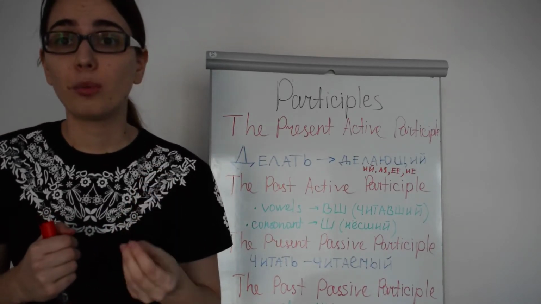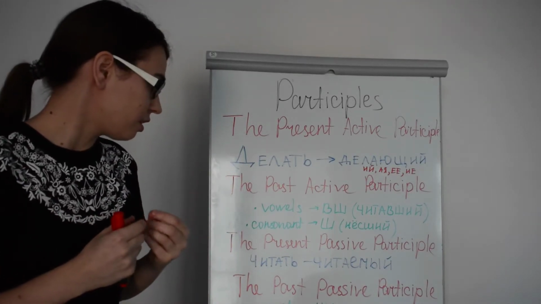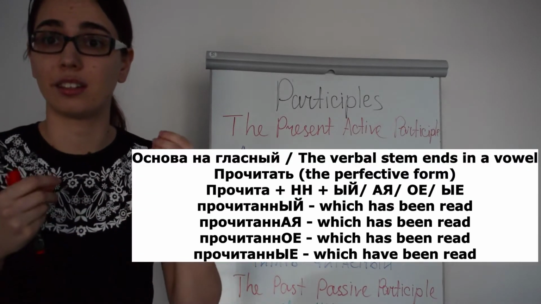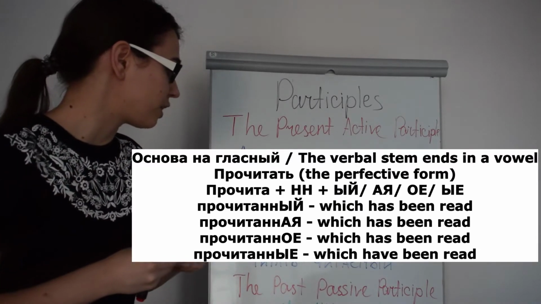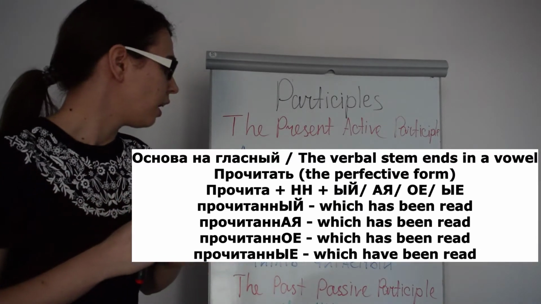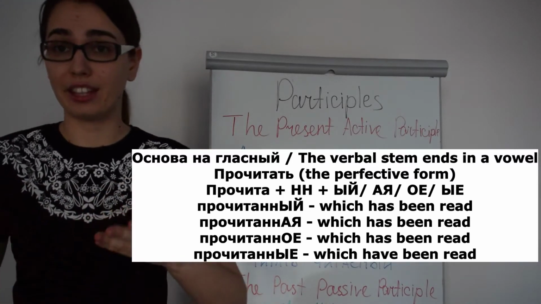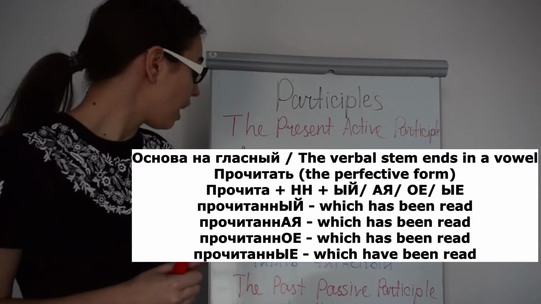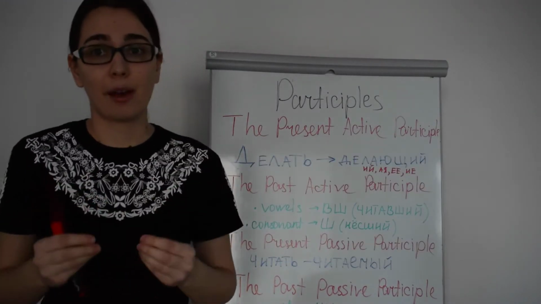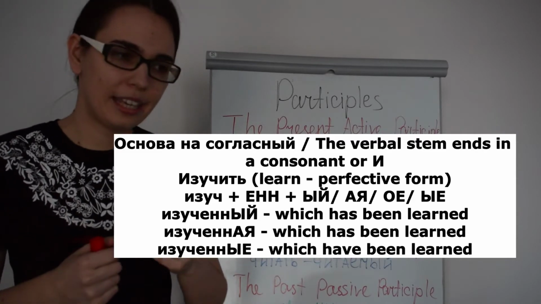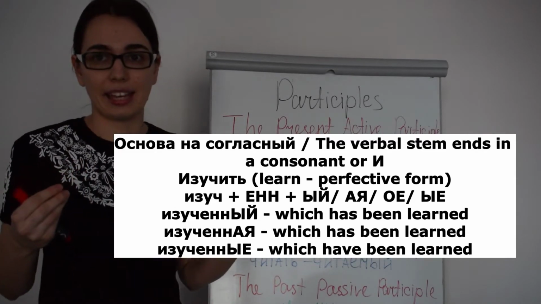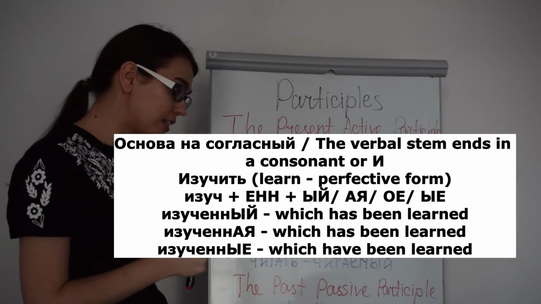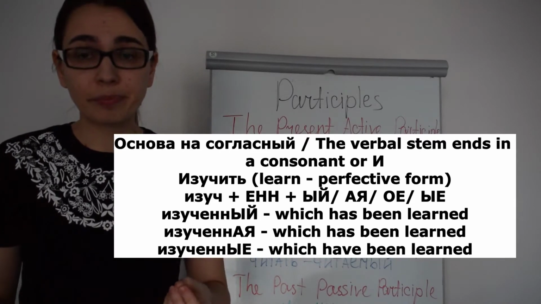If the verbal stem ends on a vowel, we need to take this verbal stem and add double н. For example, прочитать, прочитанный, and again we need to take the adjective agreement endings. If the verbal stem ends on a consonant or е, we need to take ен, for example, изучать, изученный.